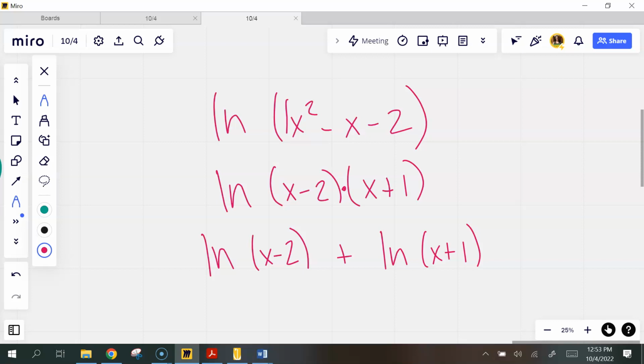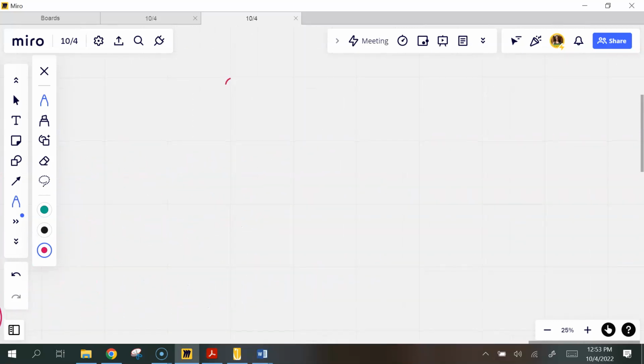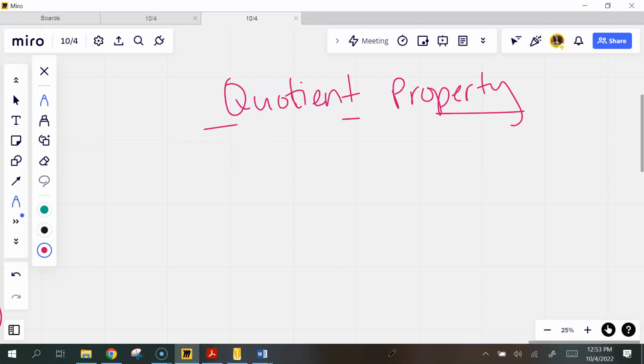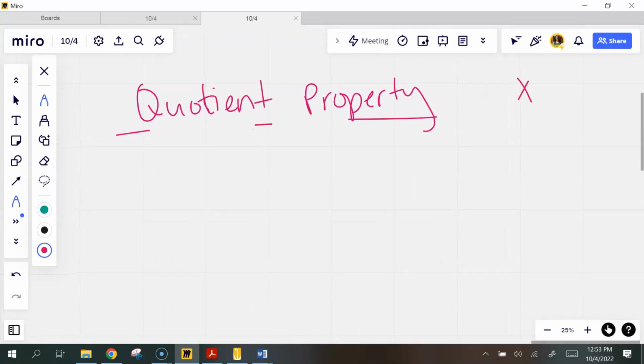Quotient property. When you are dividing with the same exponents, what do you do? Subtract, that's right. If I have something like this, the base is the same, what do I do? I subtract, right? So I'm going to do the same thing with logs because logs are exponents.